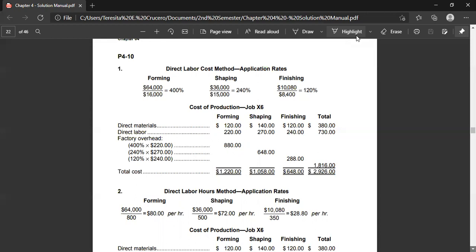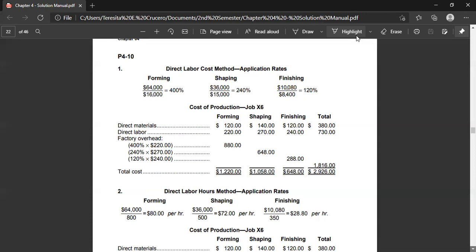Assume that the factory overhead is applied to production orders based on the following: one, direct labor cost, and two, direct labor hours. Hint, you must first determine overhead rates for each department, rounding rates to the nearest cent.